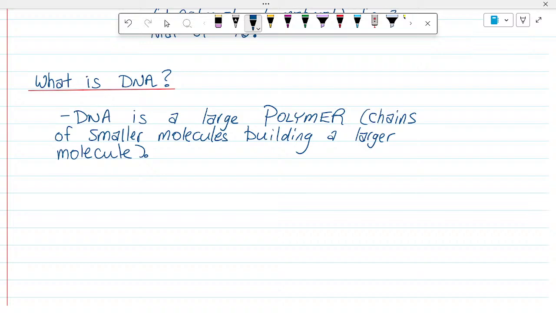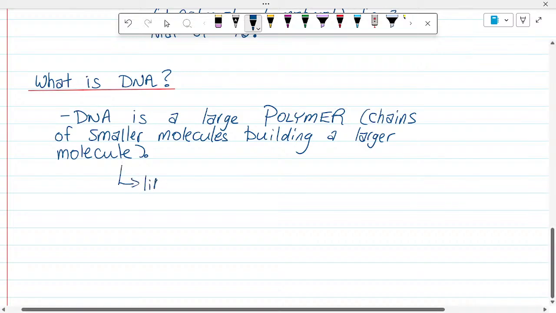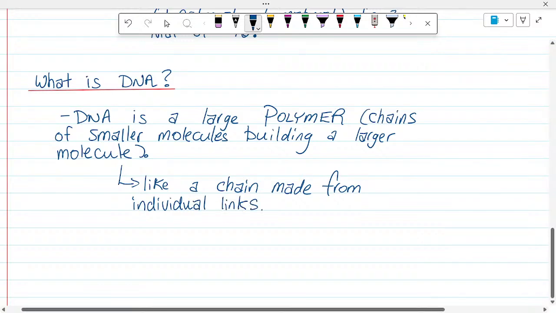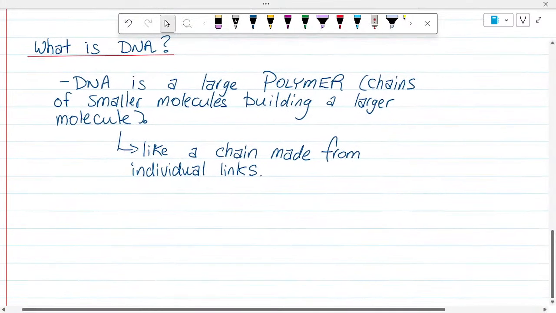So what's it look like? Each link is called a nucleotide.